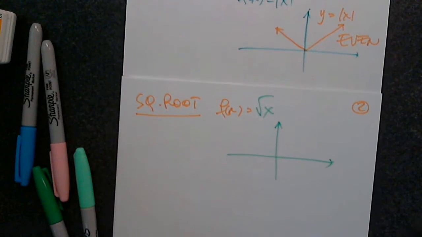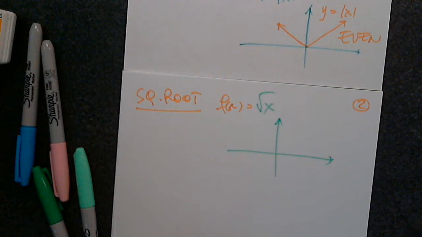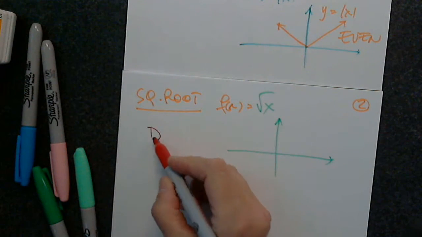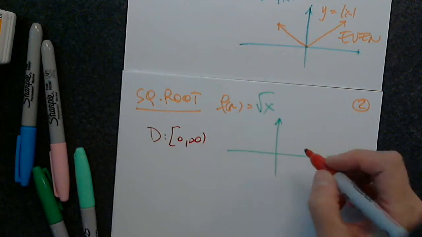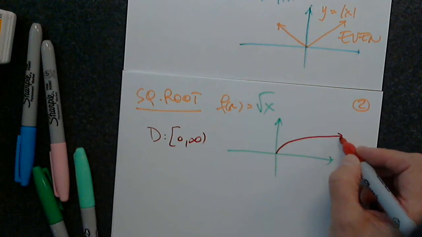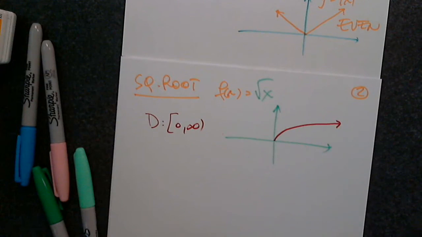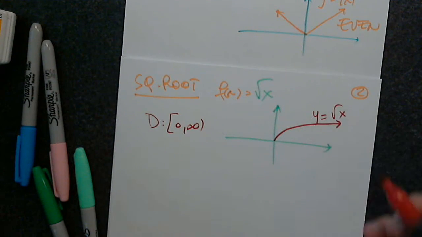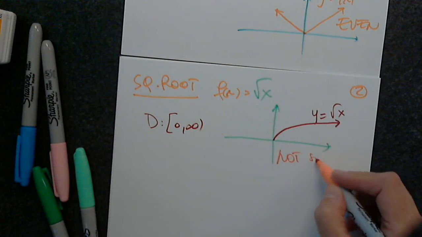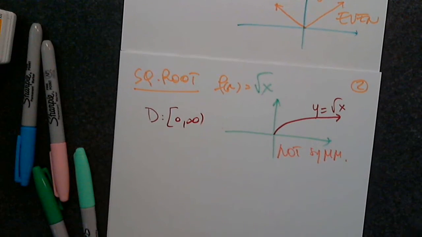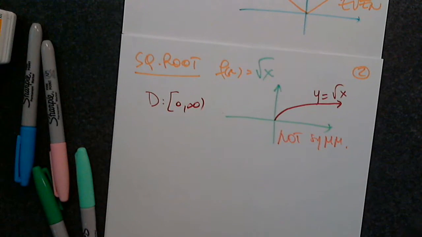Can anyone identify the domain of this function? 0 to infinity. Very good, indeed. Domain is 0 to infinity. Awesome. And the range also. So this is the graph of y equals the square root of x. Is this odd, even, or none of the above? Very good. Not symmetric. This function is not symmetric.